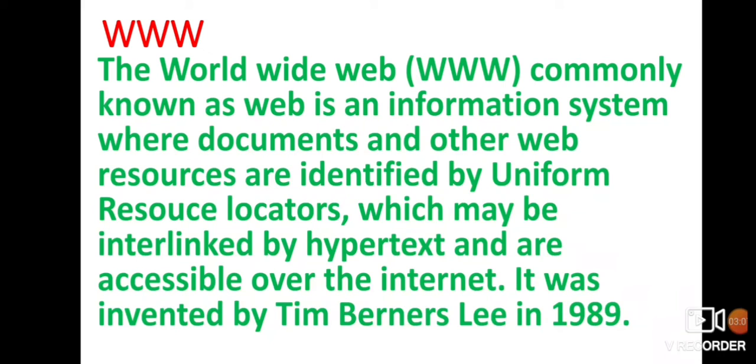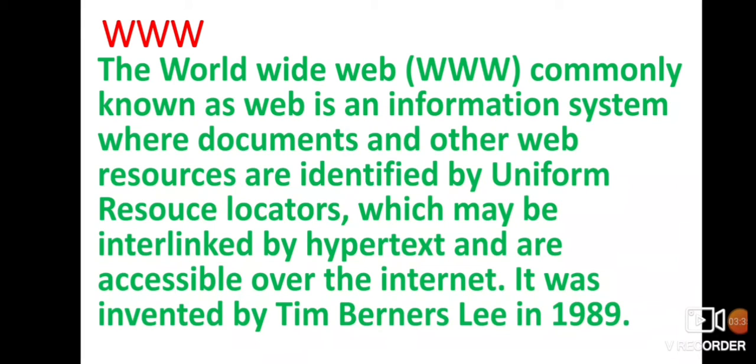So what is our World Wide Web? It is a collection of web pages, and a connection of web files which can be accessed by a unique address, that is uniform resource locator. All these web pages are interlinked and are accessible over the internet. It was invented by Tim Berners-Lee in 1989.